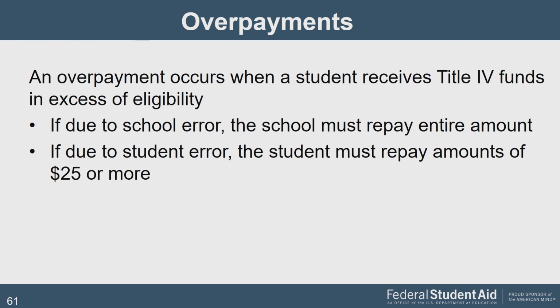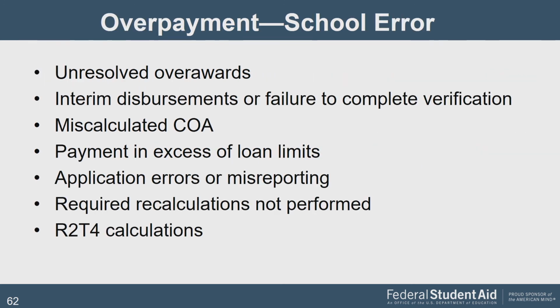When we talk about overpayments, again, we looked at that R2T4 issue. There are school errors, there are student errors that will cause an overpayment to take place. If it is a school error, we're looking at unresolved over awards.